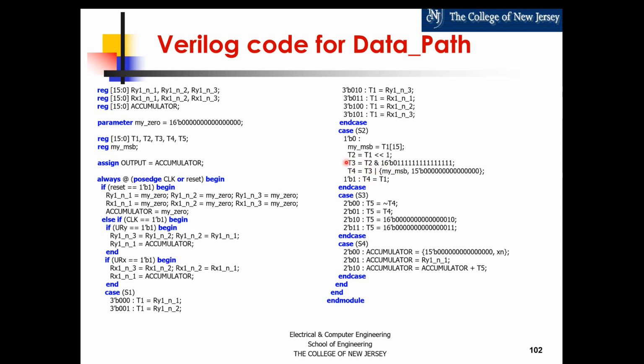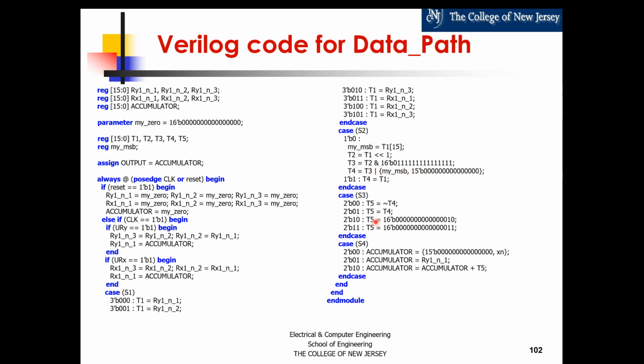So this output here, I'm going to OR it with the concatenation of the most significant bit that I saved and a string of 15 zeros. So this is concatenation here, and together they represent 16 bits. So that's my shifting, my arithmetic shifting here.